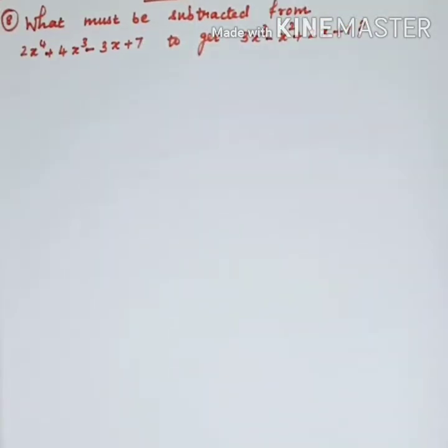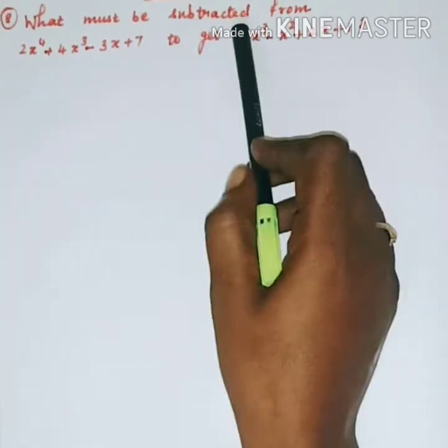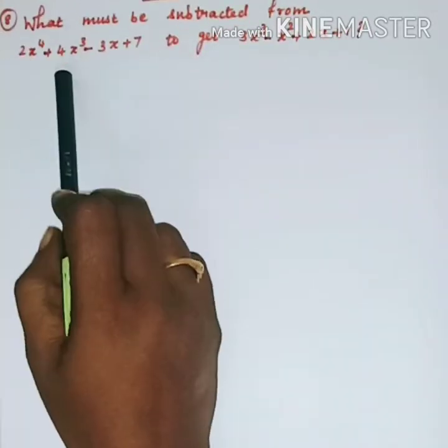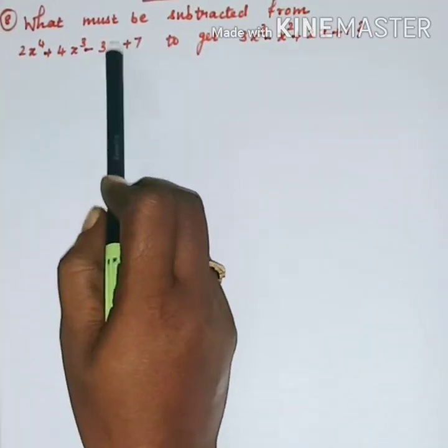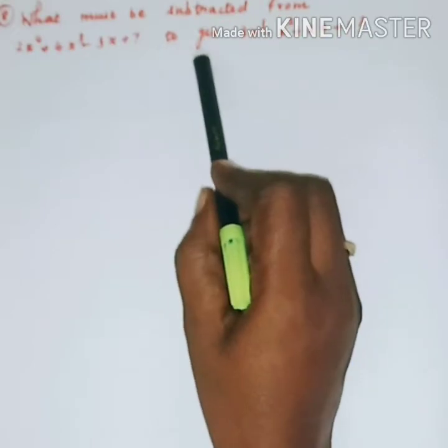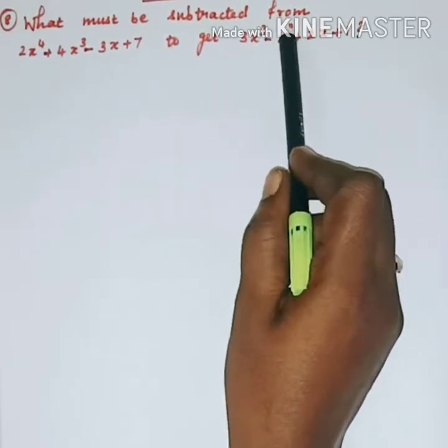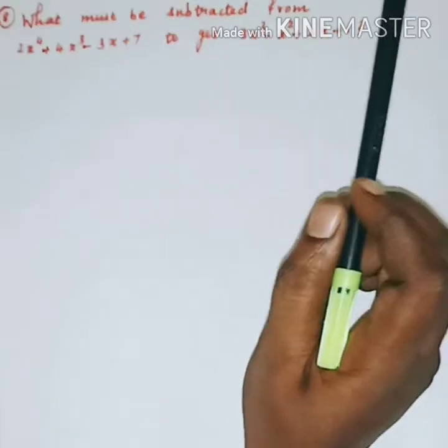Exercise 3.1, eighth sum. What must be subtracted from 2x power 4 plus 4x cube minus 3x plus 7 to get 3x cube minus x square plus 2x plus 1?